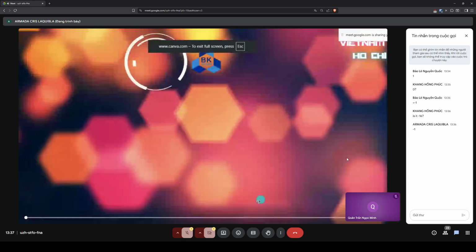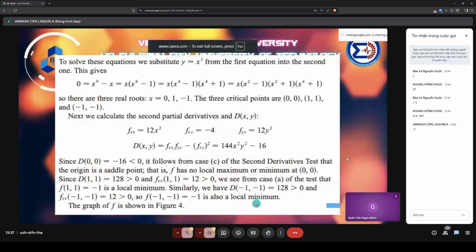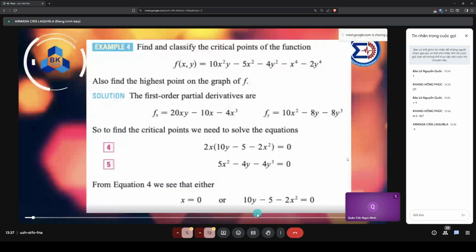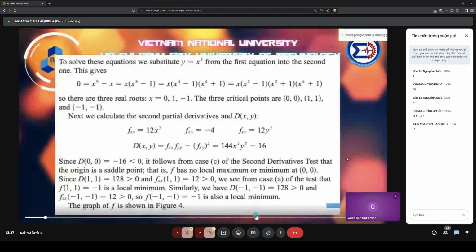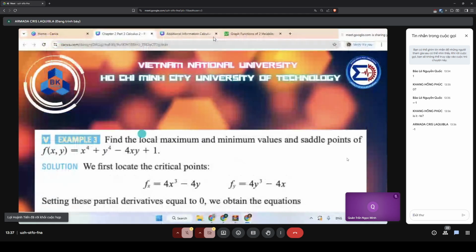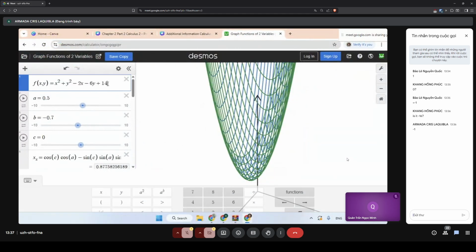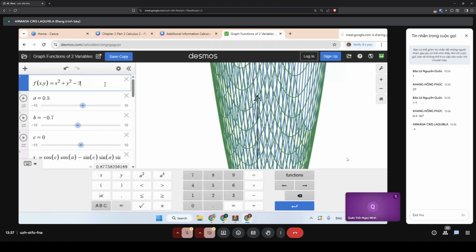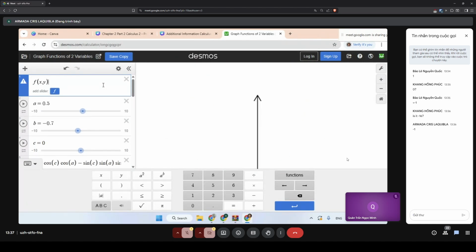Wait, can I see it? Oh, there is no graph of it. So we can graph that using our distance graphing calculator. So for this one class, we will go to the distance graphing calculator. We expect class that there are 2 points there at the lower part.